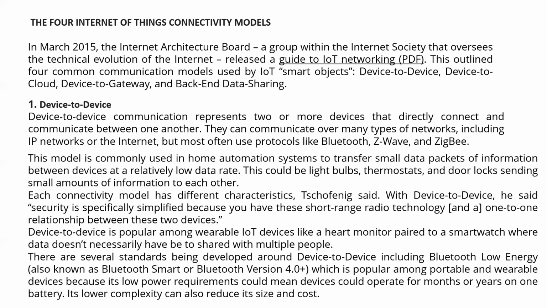Low energy Bluetooth is popular here because of its low power requirement. Instead of simple Bluetooth, Bluetooth version 4 plus, that is low energy Bluetooth, is used in this type of communication.